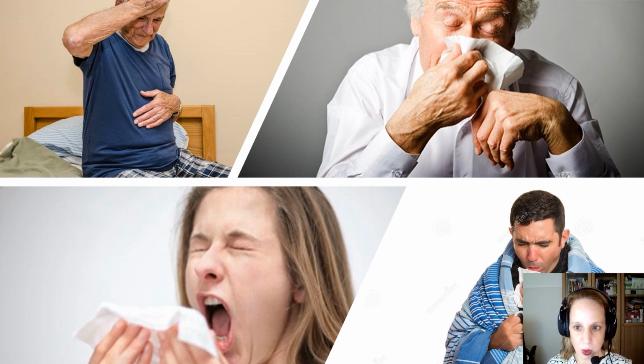On the right upper corner, we have a patient in his 70s. He's suffering from diarrhea and he has a cold. If he has COVID-19, early detection could mean that we're going to treat him better and improve his survival rates. On the bottom right corner, we have a patient in his 30s.